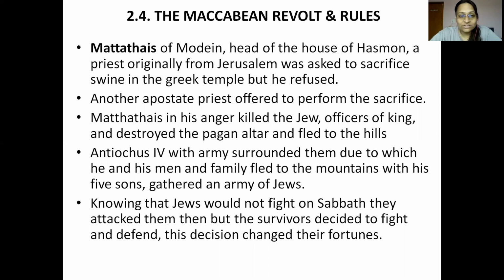Antiochus IV Epiphanes, if you remember him, the cruelest ruler we talked about at the end of the last class, was the person persecuting the Jews. He wanted a priest of the Jewish religion to perform an offering in a pagan altar, that is the Greek temple, and to sacrifice swine or pig, which was unholy according to Jewish culture and the Hebrew laws.